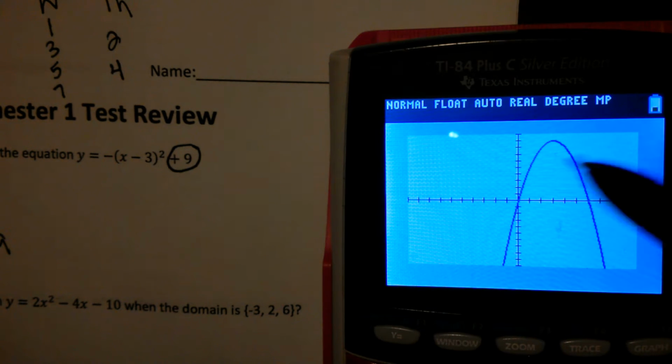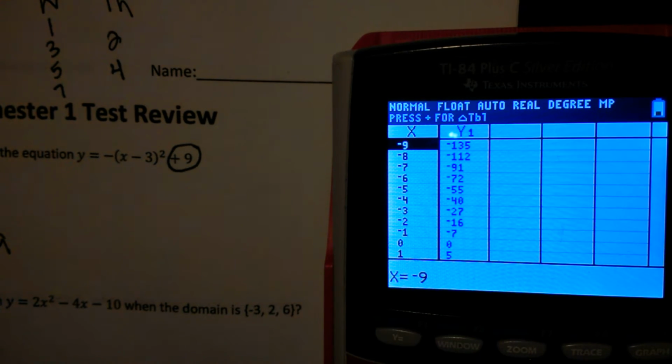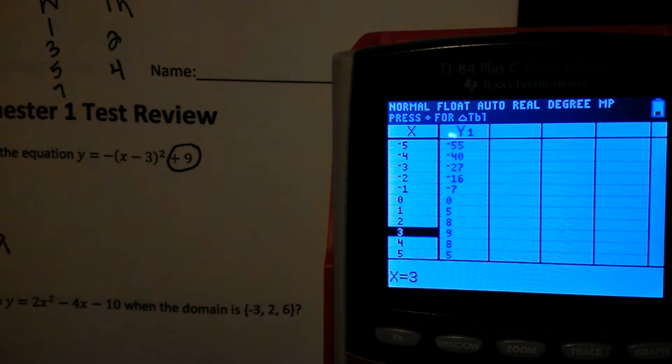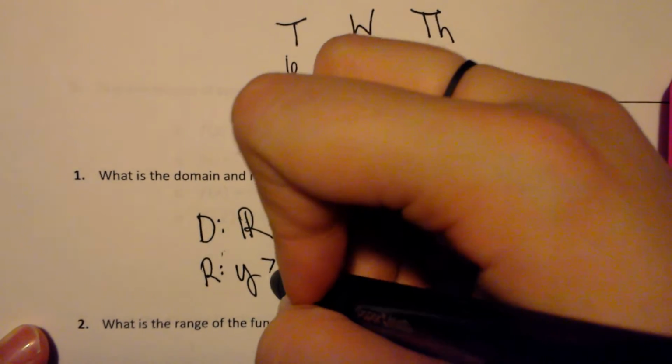So it looks like 9 is my max. So go to the table just to make sure of all these small numbers. It gets up to 9, and it goes back down. So 9 is my max, and 3, 9 is my vertex, but 9 is my max, my y values. So y is greater than or equal to 9.